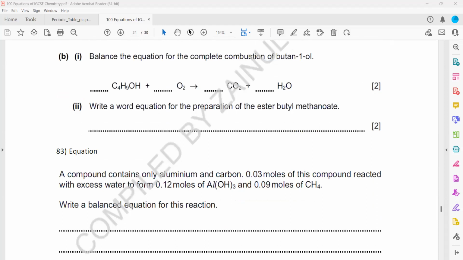Balance the equation for complete combustion of butan-1-ol. When we burn alcohol, alcohols also undergo complete combustion, giving carbon dioxide and water.